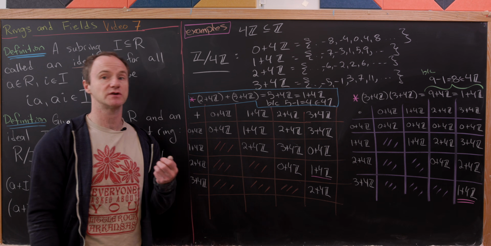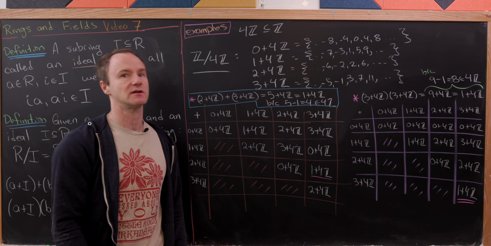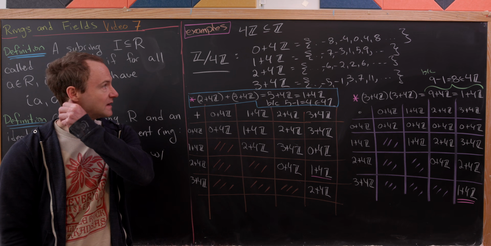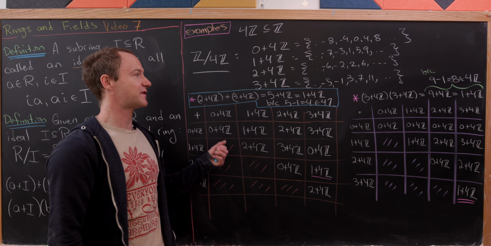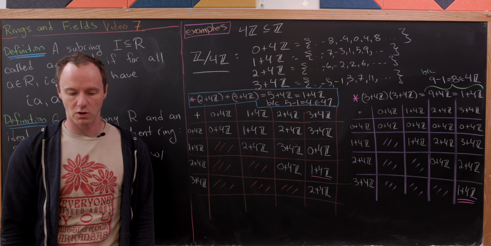Recall that cosets were the same when the difference of the representatives was an element of the ideal. Okay, so there's an in-depth example, or our first example of calculations within a quotient ring.